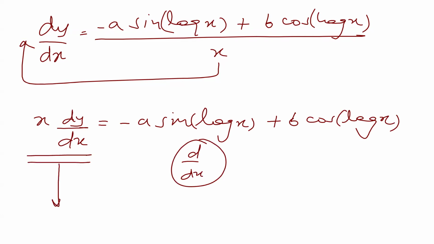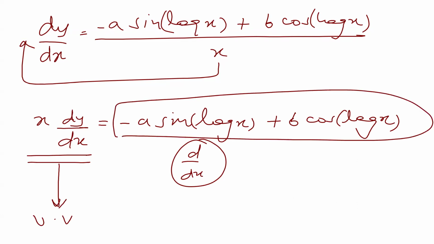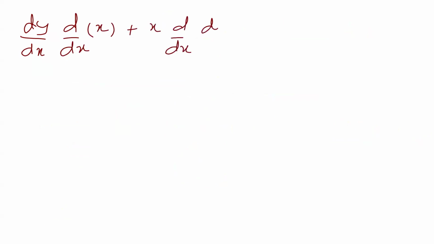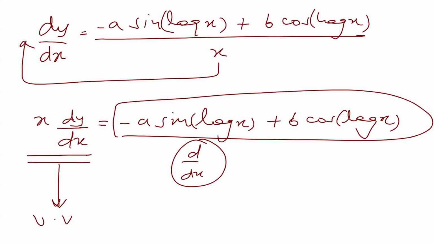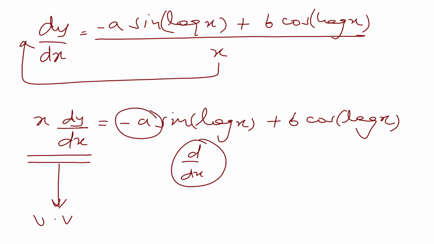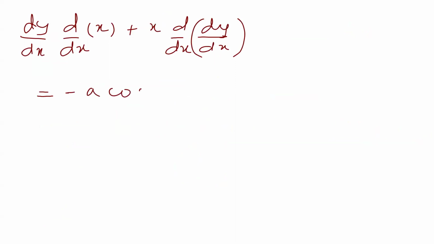Derivative of x into dy by dx. This is the u into v rule, and here we'll apply the chain rule for both the terms. So u times derivative of v plus v times derivative of u. On the right hand side, minus a remains as it is. Sin log x derivative is cos log x, so minus a cos log x d by dx of log x.